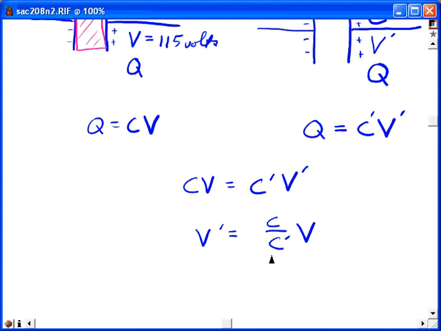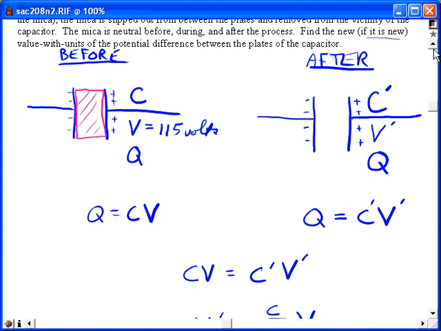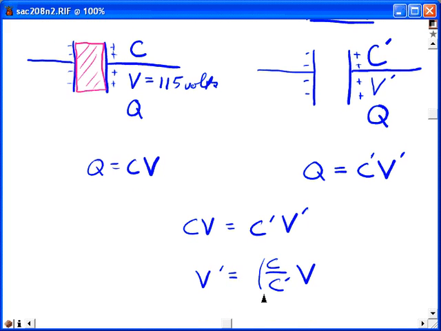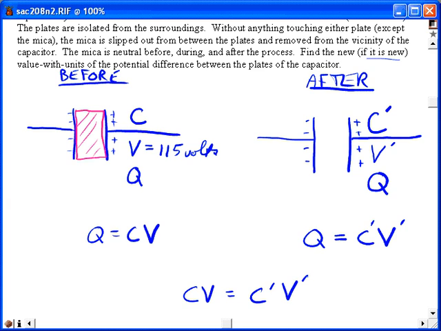V is known, 115 volts, but neither C nor C prime is known. All we really need is the ratio, but we don't have enough information even to get just the ratio, C to C prime. We do recognize that the capacitance depends on the dielectric that's in between the plates, besides the geometric factors.